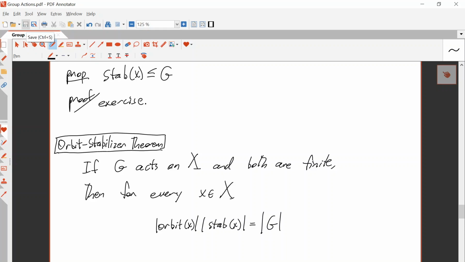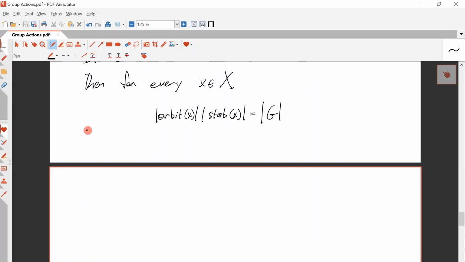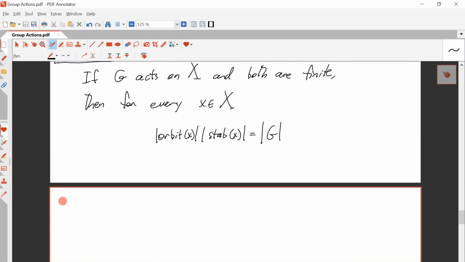Orbit stabilizer theorem. Very nice result. Proof.